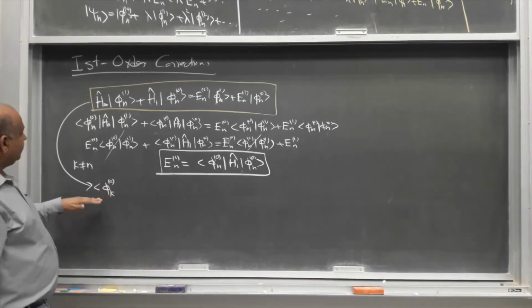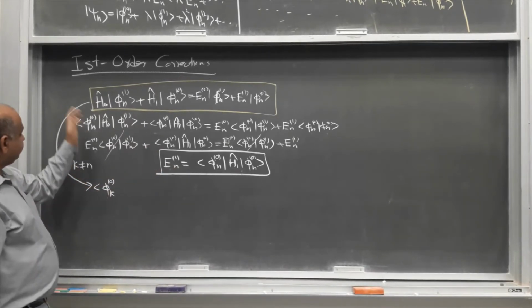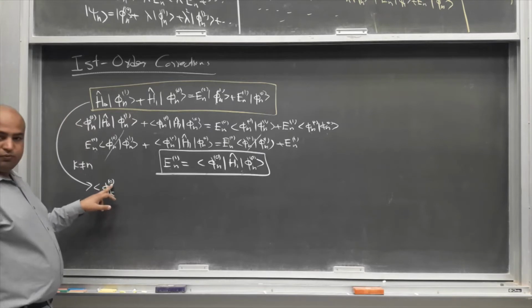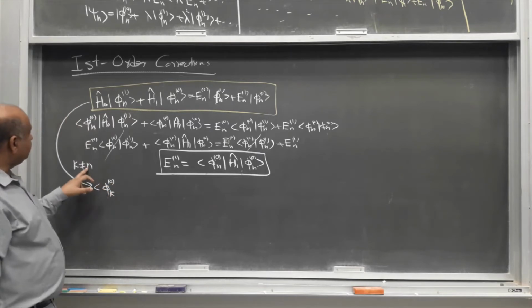Let's now see what we get if we operate with a general phi k0, where k is now not equal to n.